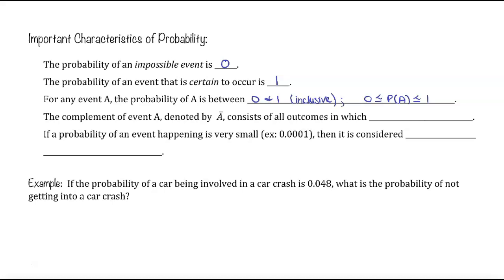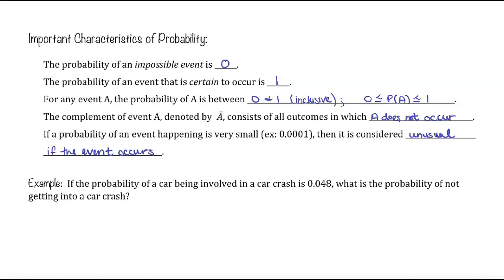The complement of an event A, which we write A bar, consists of all outcomes in which A does not occur. If the probability of an event happening is very, very small, then it is considered unusual if that event does occur.